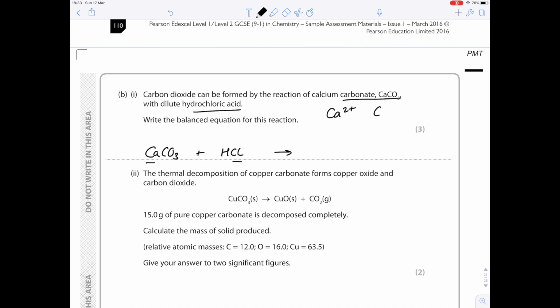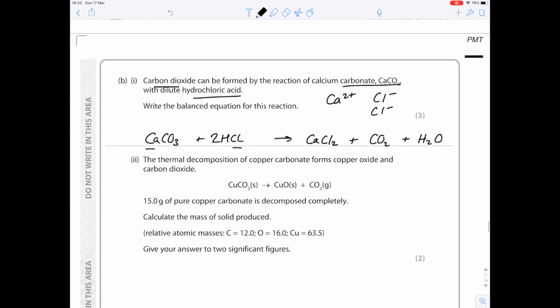Calcium has a 2+ charge, chlorine has a 1- charge, so really you're looking for 2 chlorides, so that's why the formula of calcium chloride is CaCl2. And then we're going to produce, we've been told, carbon dioxide as a byproduct, and lastly water. Double check, does it need balancing? Well, you've got 2 chlorine atoms on the right hand side, only 1 on the left, so you need a big 2 there, and that is done.